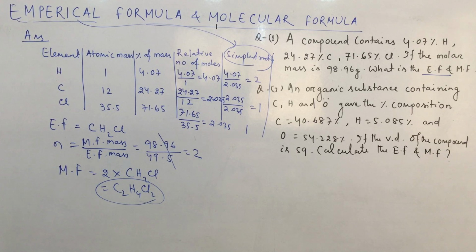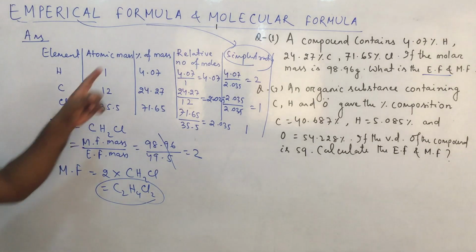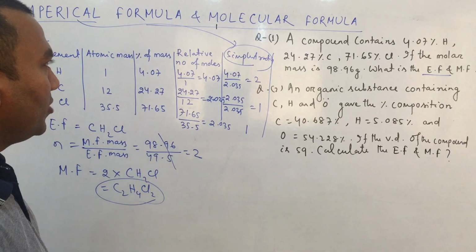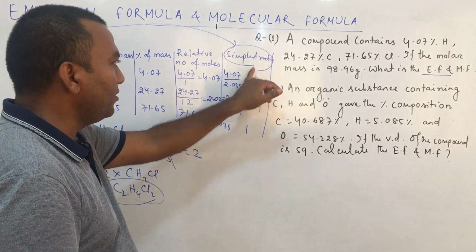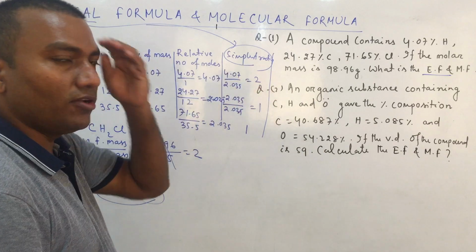Okay, so like this your question will come. First read the question, then find the empirical formula and molecular formula. Numericals we can solve by the tabular method. First we write element, atomic mass, percentage of mass, relative number of moles, and simplest ratio. After calculating the simplest ratio, sometimes you will see that exact whole numbers will not come.